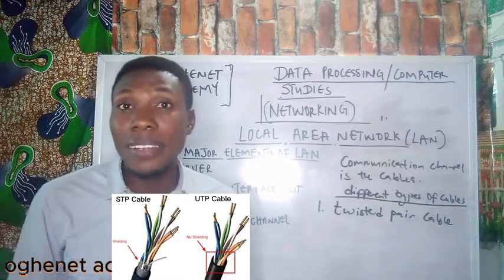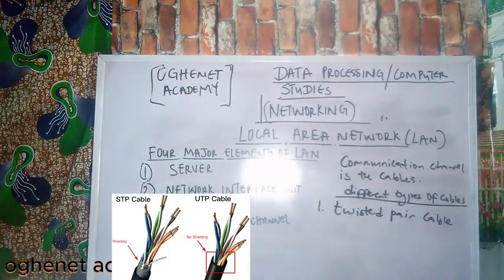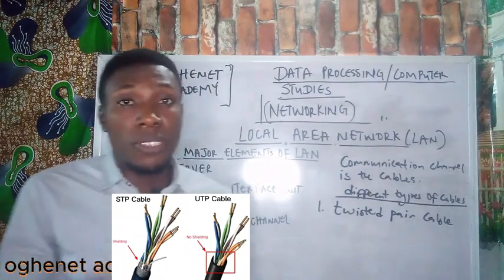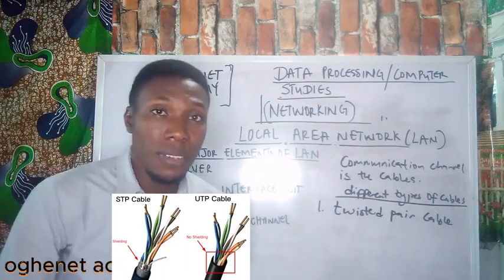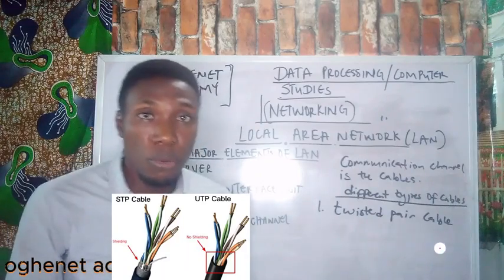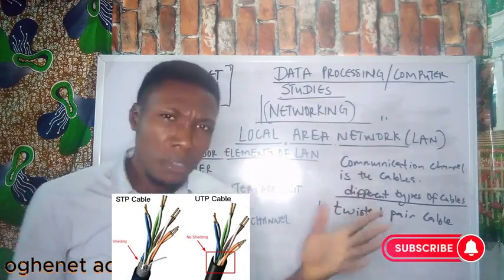In electrical electronics, you have what is called interference to communication channels. Now, let me just give an illustration.